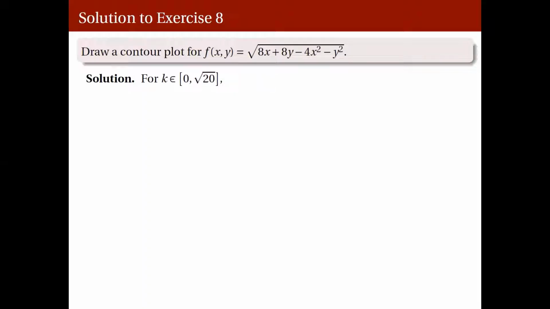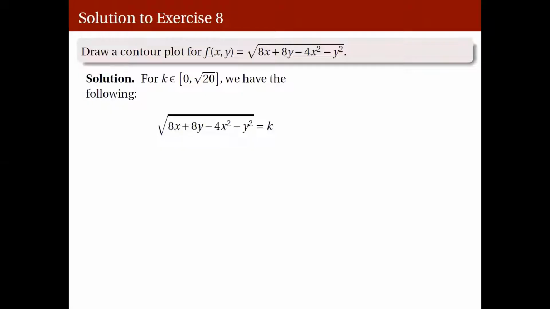So if we take any value between 0 and square root of 20, then we have the following computation. I will not be removing k. The next lines here all have k, so that the solution is general. So first, let's set your expression for f equal to that k, which serves as your elevation of the level curve.